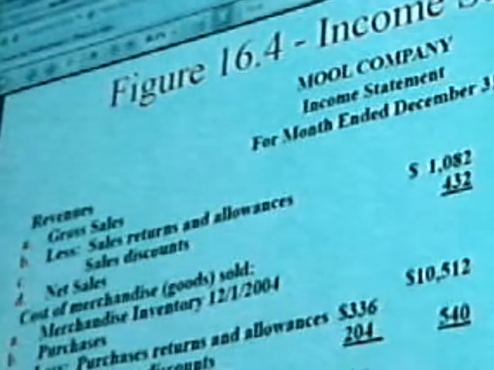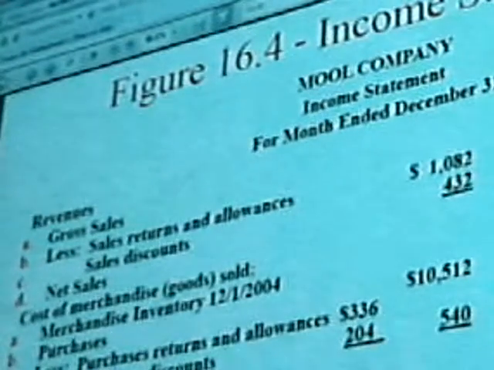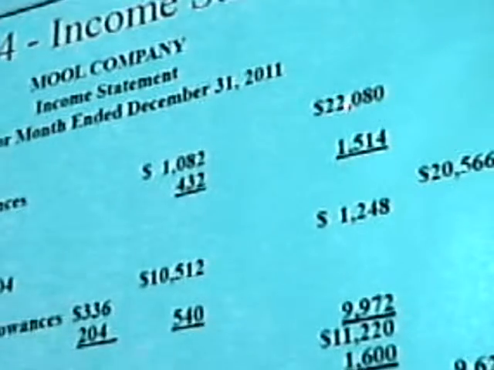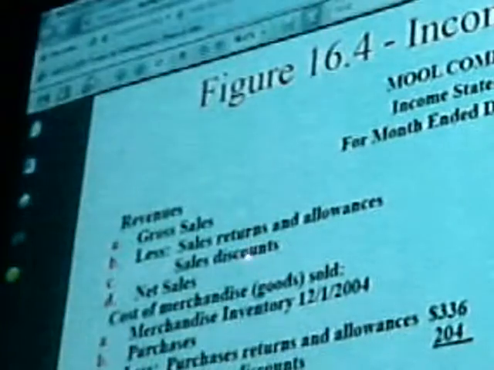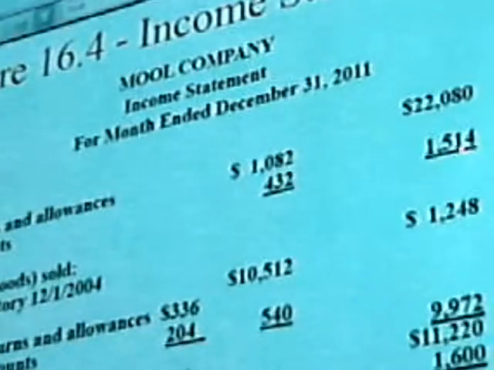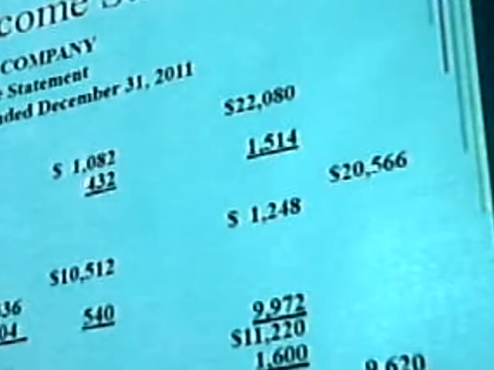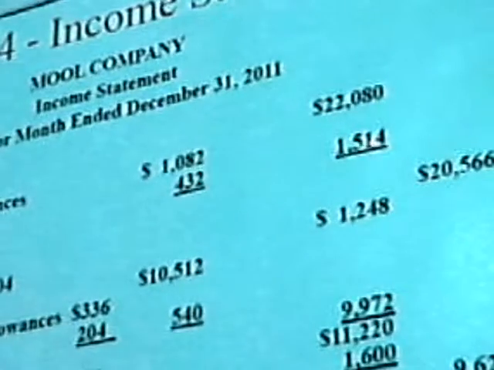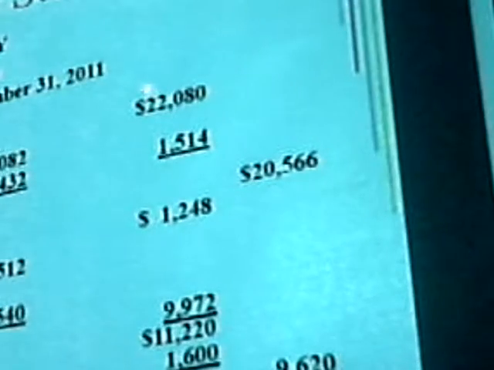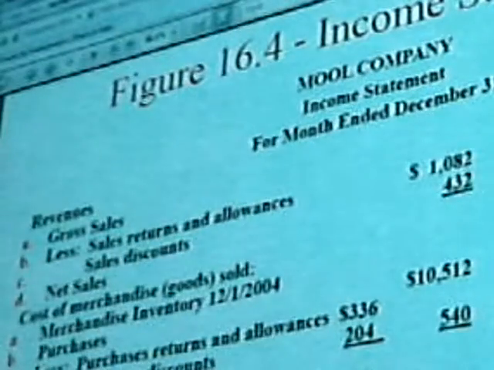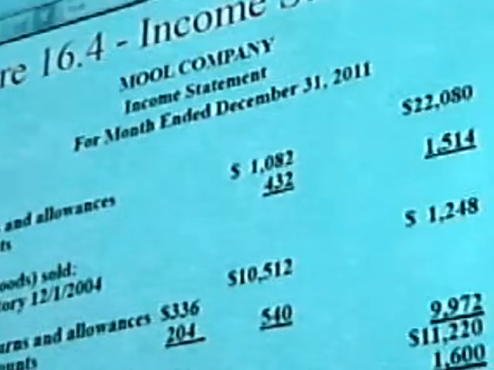Net sales equals gross sales minus sales returns and sales discounts. Notice how we add the returns and discounts together, and then subtract that from gross sales. Again, let me repeat it: gross sales minus sales returns and sales discounts equals net sales.